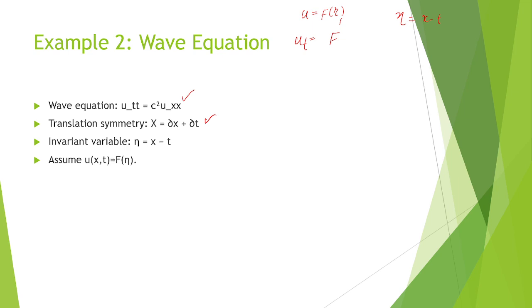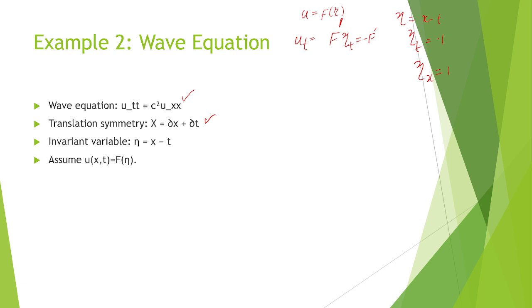So u_t will be f dash eta_t, so that is minus f dash, because eta_t here is -1 and eta_x is equal to 1.